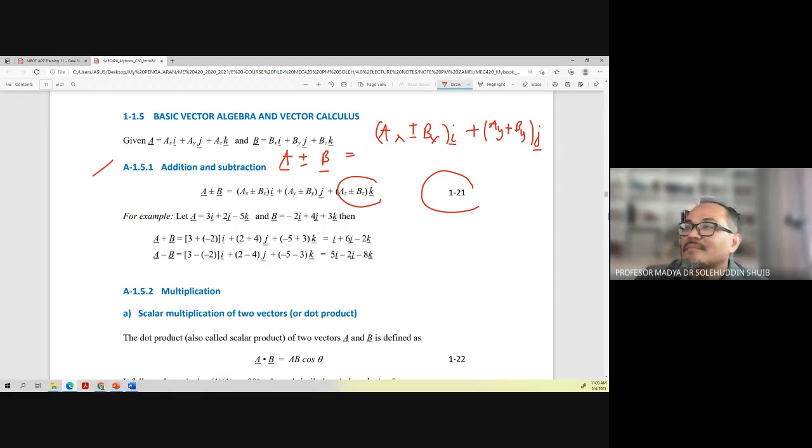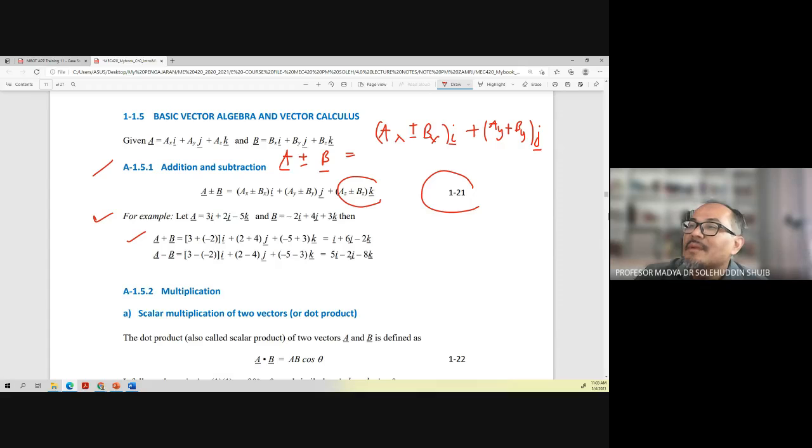To make this clearer, let us have vector A equal to 3i plus 2j minus 5k, and vector B is minus 2i plus 4j plus 3k. So you do the addition here.